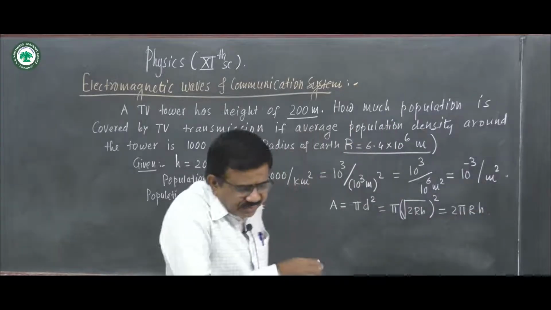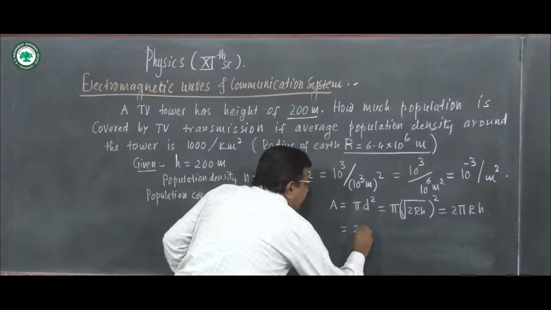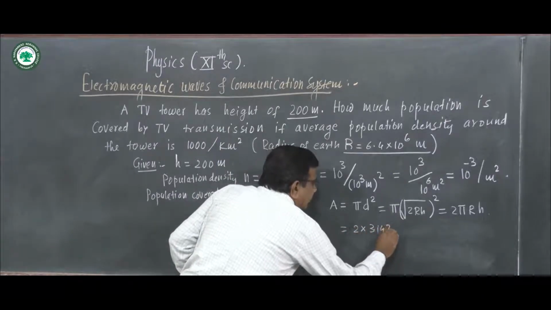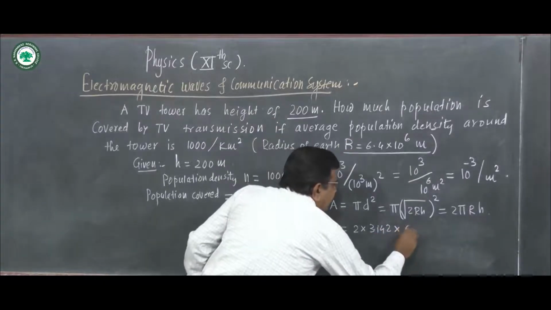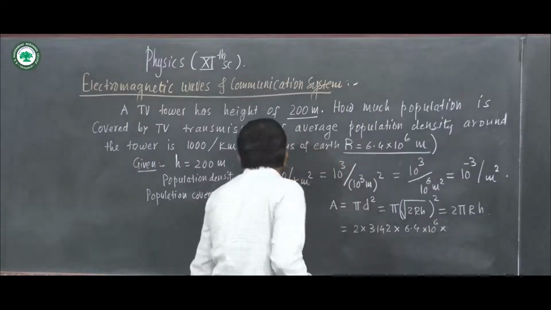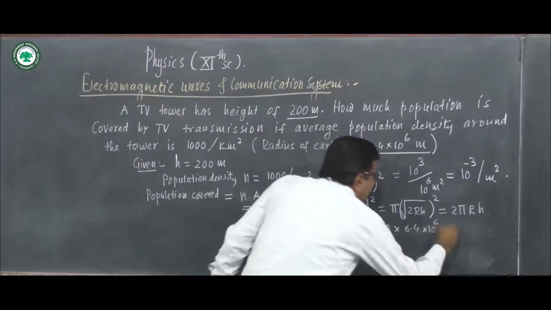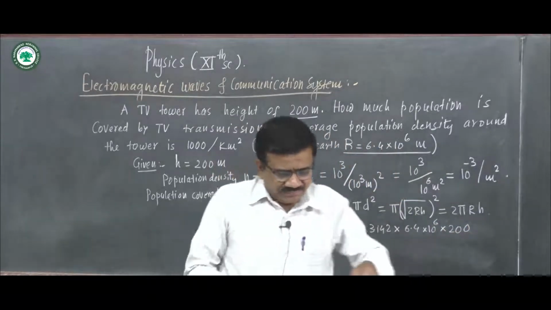We simply substitute here values. 2 into 3.142, R is 6.4 into 10 raised to 6, and our H is 200, that is 200 meter.